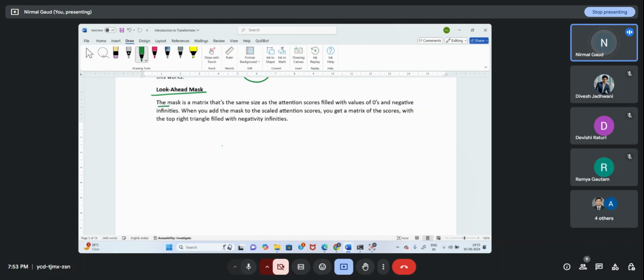The mask is a matrix that is having the same size as attention score filled with zeros and negative infinities. Okay, so we are having a mask matrix. Look ahead mask matrix that is filled with zero and infinity.